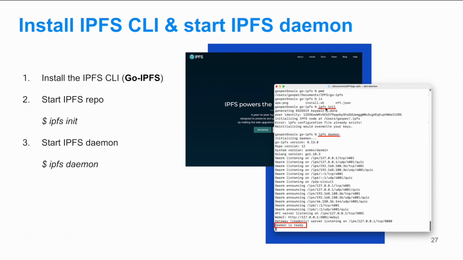You can go to this Go IPFS, then run the ipfs init command, and you will notice that it will start the repo for you, and then it will start a daemon with the ipfs daemon command. Once you see the daemon is ready, you can open a new tab in your terminal window and start working with that storage. First make sure that the daemon is running so IPFS is ready to use.